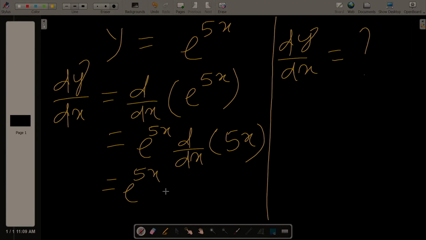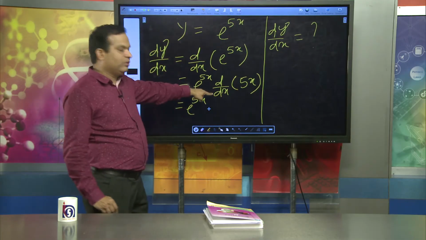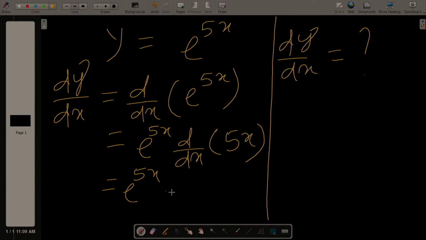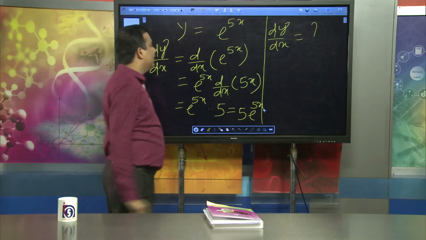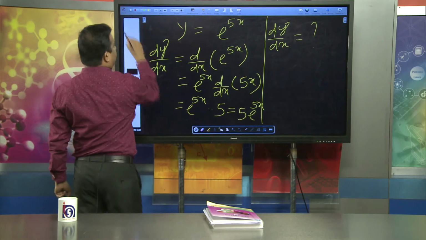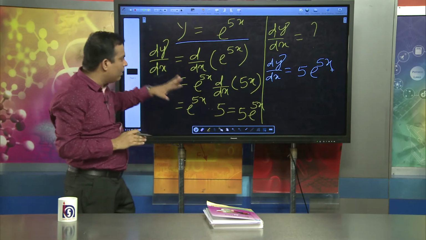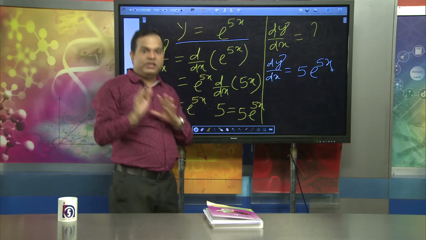We know that with respect to x, the derivative of 5x is 5. So it is 5 into e raised to the power 5x. That means if y equals e raised to the power 5x, then dy/dx equals 5 e raised to the power 5x.